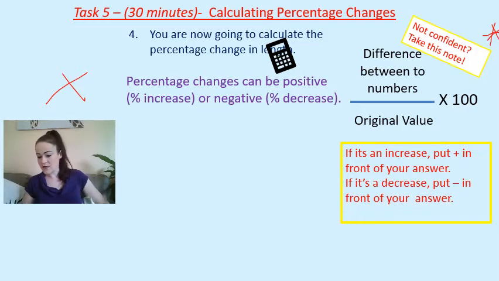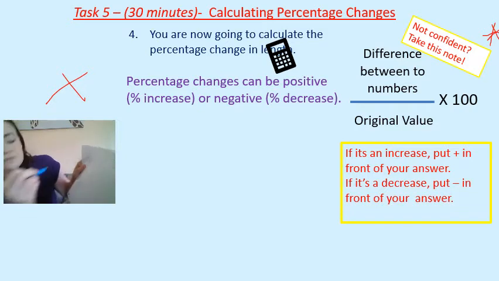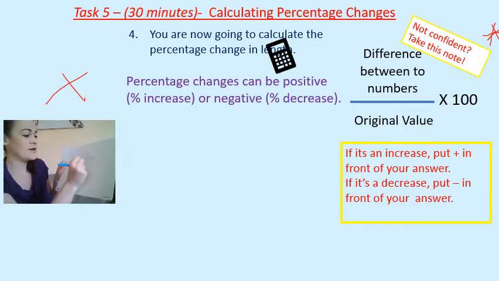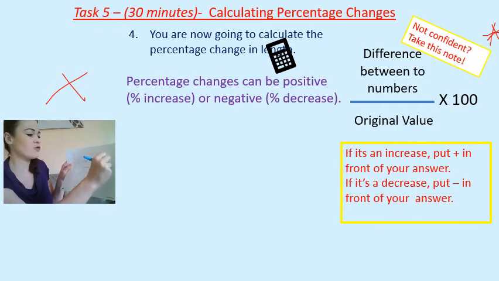So in this scenario, we're going to be doing the start minus the end lengths, dividing it by the start number. That's what we mean by original. And then you do all of this first before you times by 100.